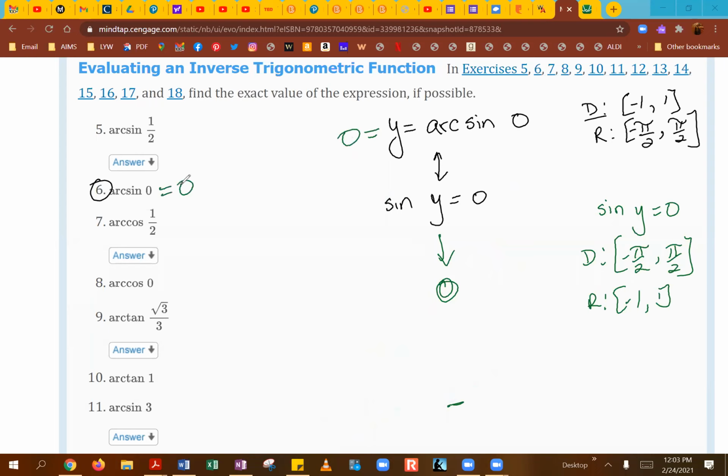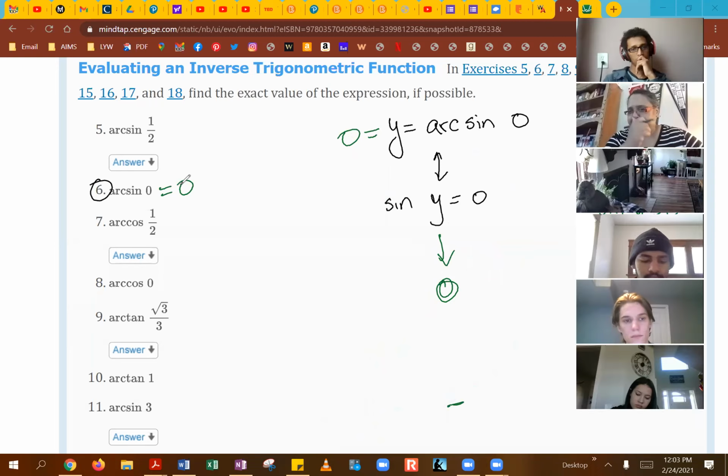So arc sine of 0 is going to equal 0. Questions on this one? Okay, so why don't you guys try number 5? Let me see what you come up with. That is arc sine of 1/2.